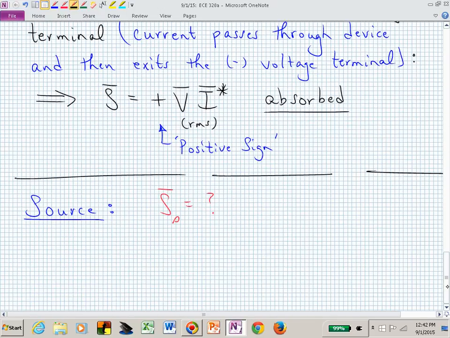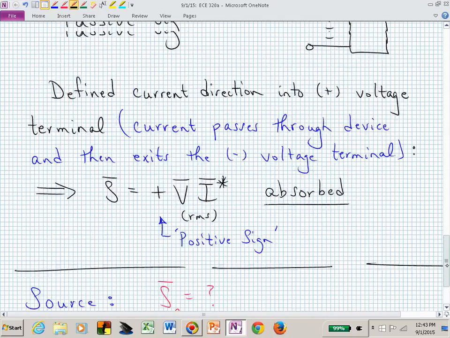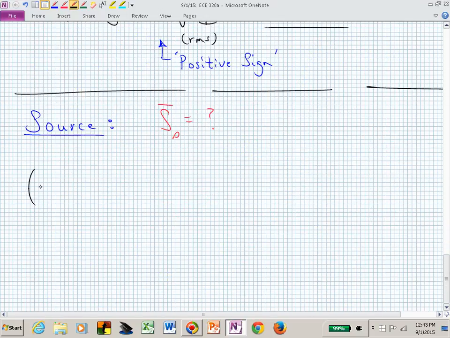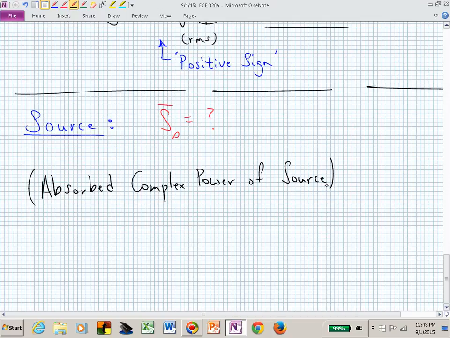Let's now slow down and work through this. Now, if we're dealing with the source, if I wanted to look at this particular way that I have it drawn, let me write it down. I'm going to say now the absorbed complex power of the source.